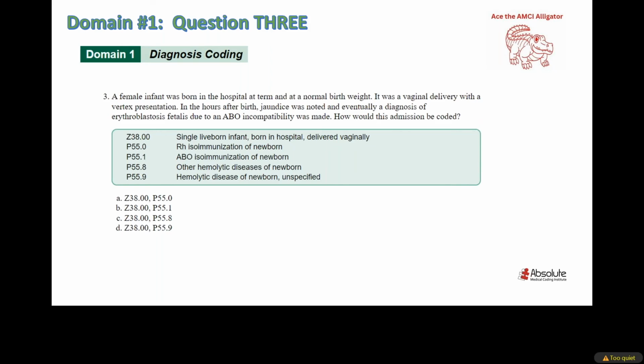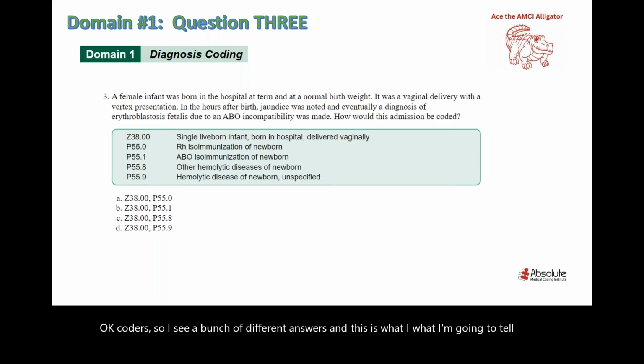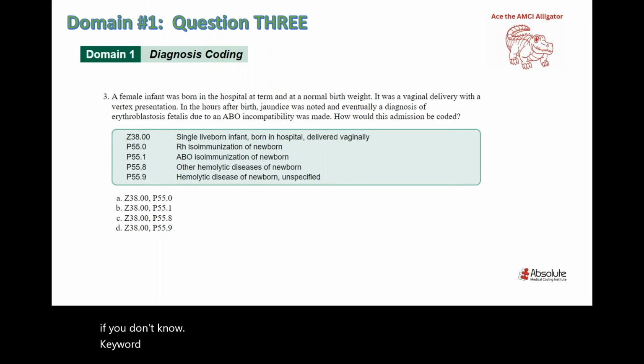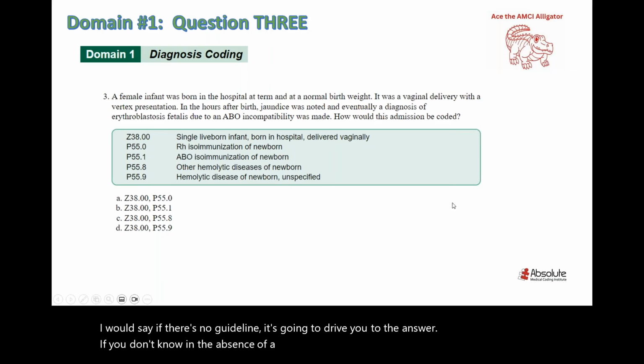Okay, coders. So I see a bunch of different answers, and this is what I'm going to tell you. If you don't know the concept, use your keywords. If there's no guideline, the keywords are going to drive you to the answer. That's all I'm saying. If you just don't know, use keywords.